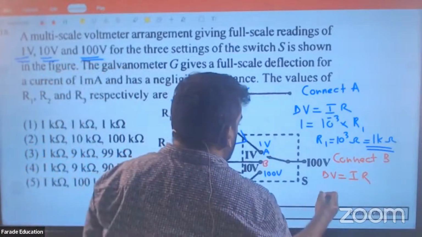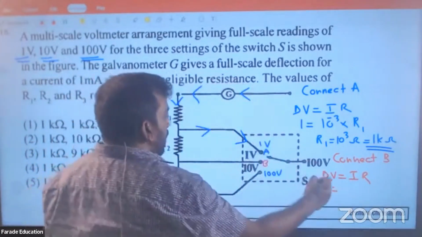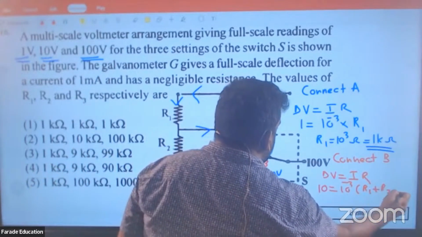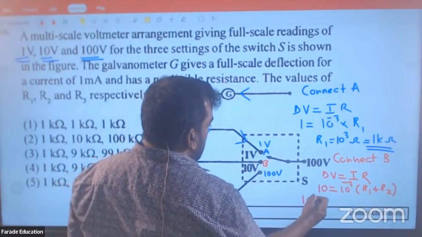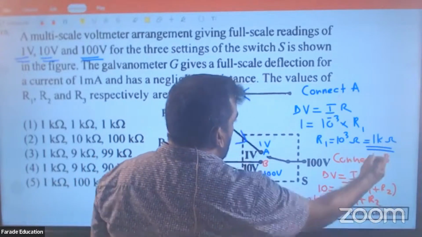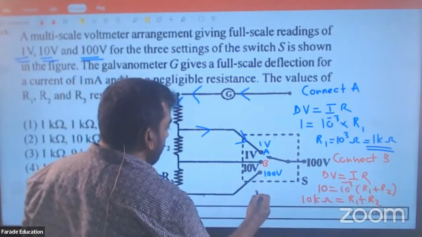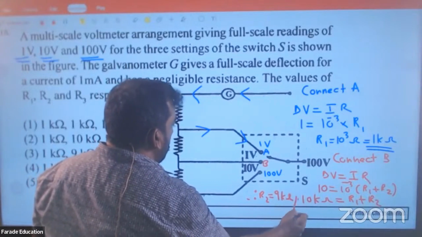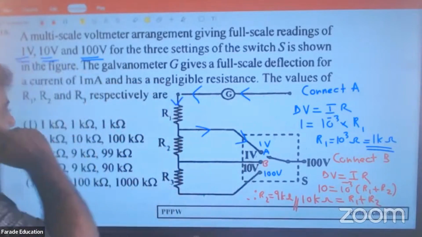The potential difference is 10 volt. Current is 1 milliampere. R1 plus R2 is 10 kilo ohm. R1 is 1 kilo ohm. Therefore, R2 is equal to 9 kilo ohm.